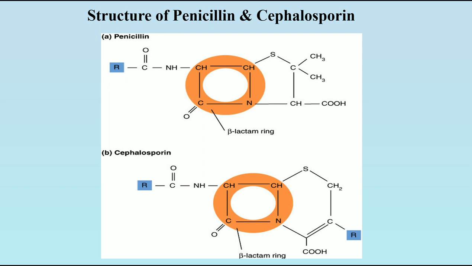And if you carefully see the structure of the penicillin, you can see that it starts from an R group which has been highlighted blue, then there is a carbonyl carbon, then there is an NH group, and then the NH group is attached to the beta lactam ring, which has two CH groups at the top, and then a carbonyl carbon and nitrogen connected together.